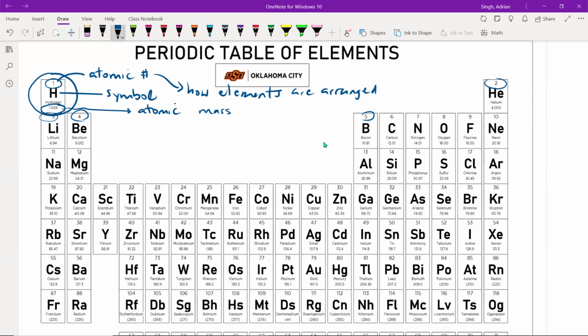So we're not going to see a strictly increasing atomic mass as the atomic number increases as we go across and down the periodic table. Just keep that in mind when you look at your table. The main thing to focus on here is that it's arranged by increasing atomic number, which is the number of protons.